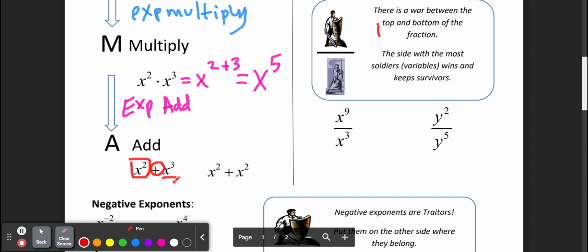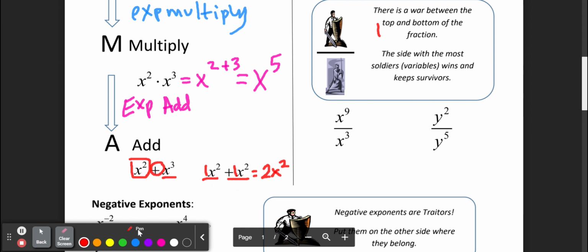So we are just going to leave that one just like it is. We can't do anything to them. Now here, this is an x squared and this is an x squared. We can combine them. This is 1x squared plus 1x squared, and you get 2x squared. So this one they can add together. It still stays an x squared though. Our exponents do not add.